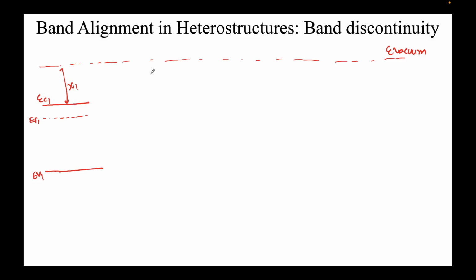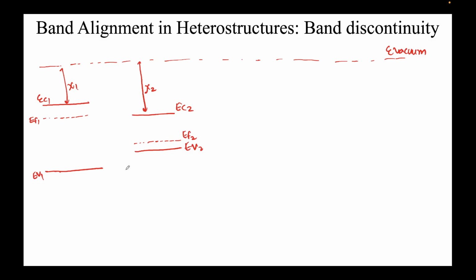Okay, let's consider the second fellow. Again, Chi2, right? This will be my EC2, and deliberately choosing considerable difference in the band gaps, and I'm assuming this to be n-type.